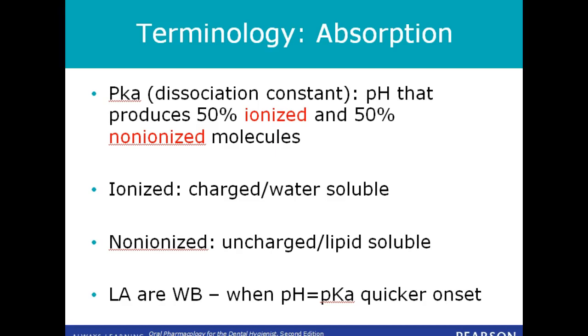Non-ionized drugs are uncharged, lipid-soluble, and pass more easily through cell membranes. So when pH equals pKa, half the drug can pass through the membrane and half the drug remains in the blood. Local anesthetics are weak bases. When pH equals pKa, there is a greater amount of non-ionized drug, which results in quicker onset.